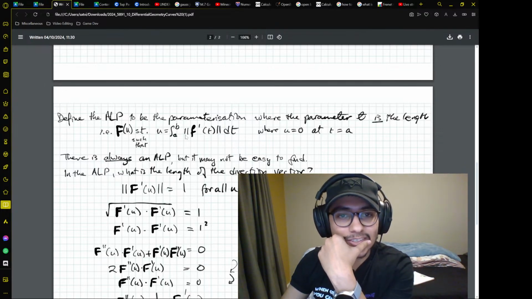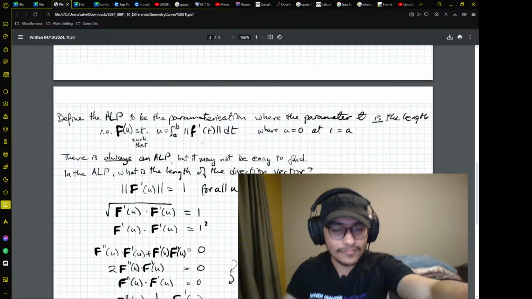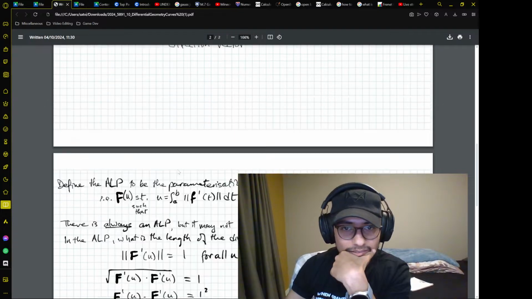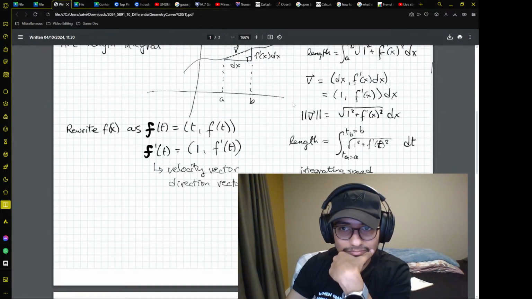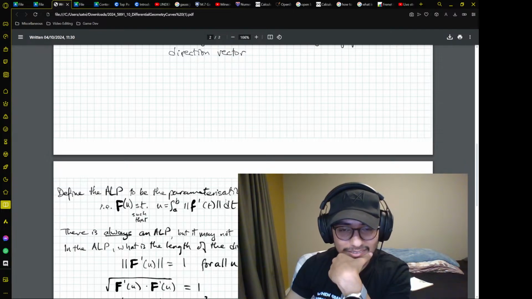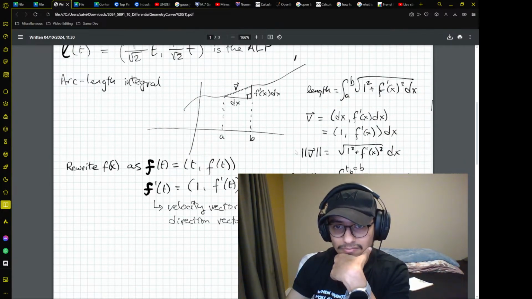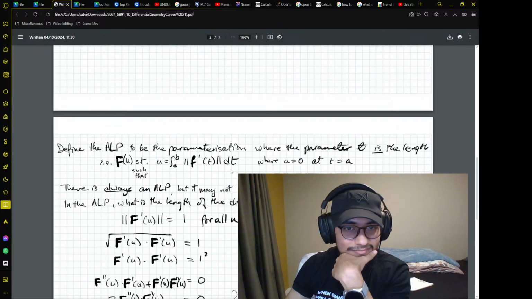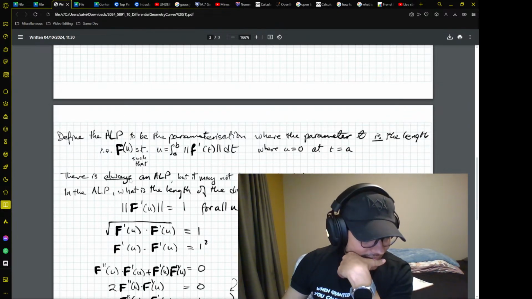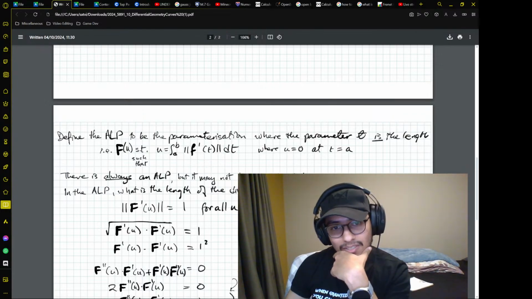Okay, this is the same thing, arc length parameterization. This double line is just taking the norm of the f dash t, which is this part. There's always an ALP, it may not be easy to find.